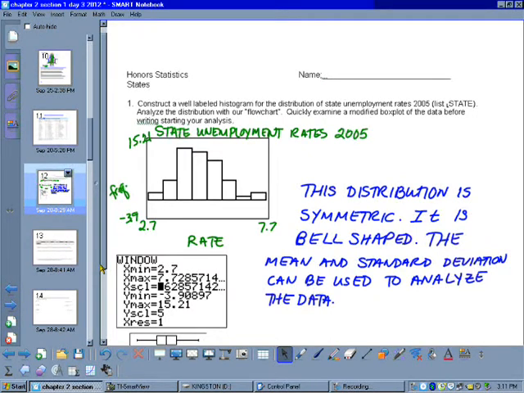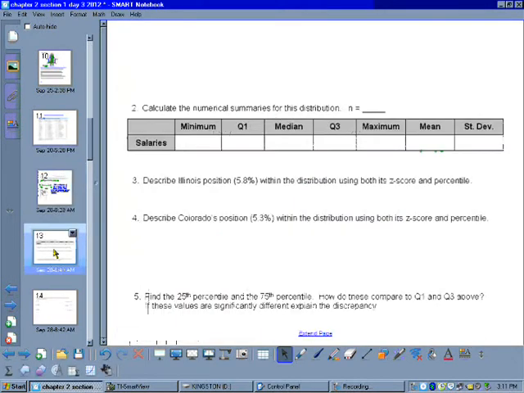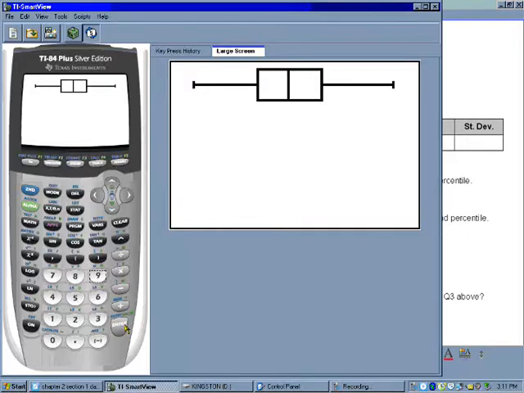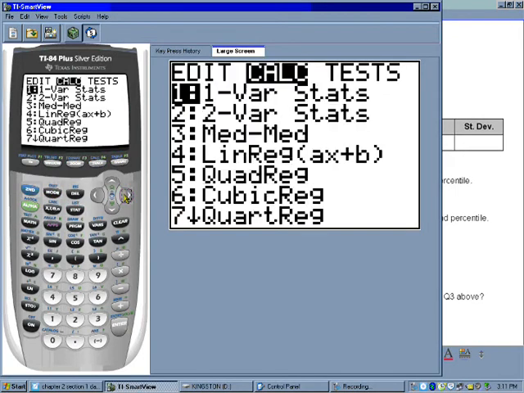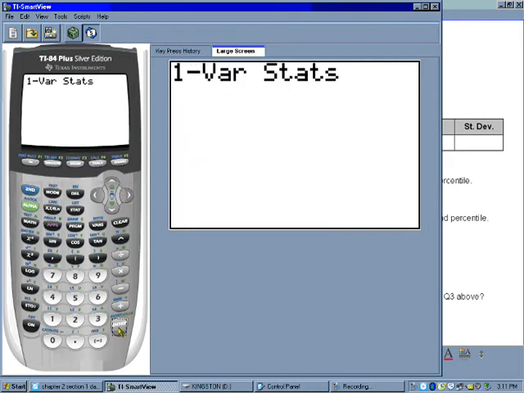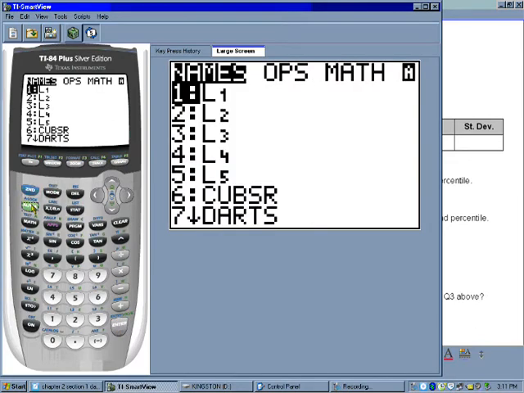Okay, so right away I'm looking at what I think to be a very symmetric distribution. I'm now going to calculate the number summaries for this distribution, both the mean and the standard deviation, as well as the 5-number summary. So to do that, we use our calculator and we choose Stat, Calculate, one variable statistics, making sure we put in List State.